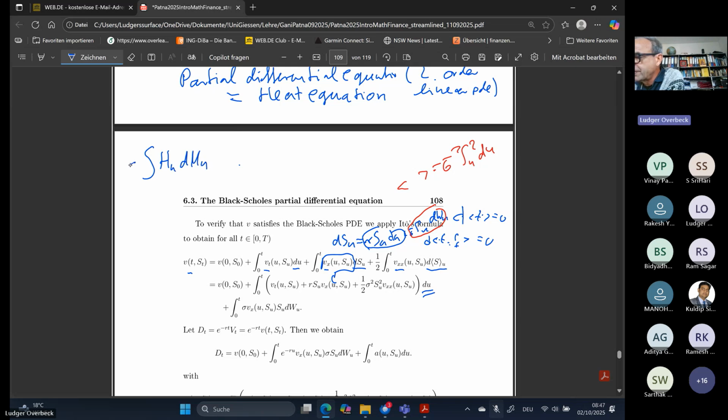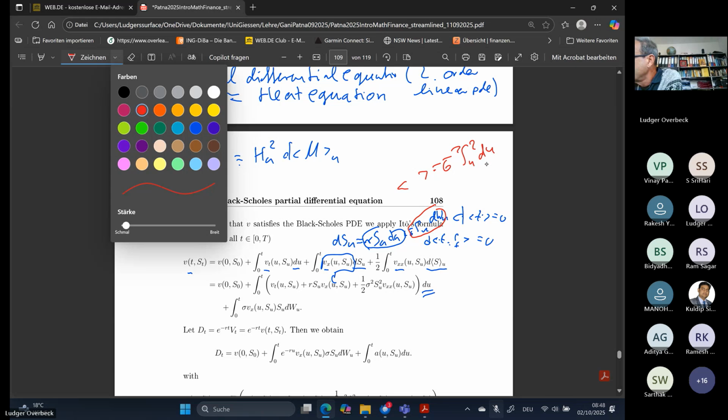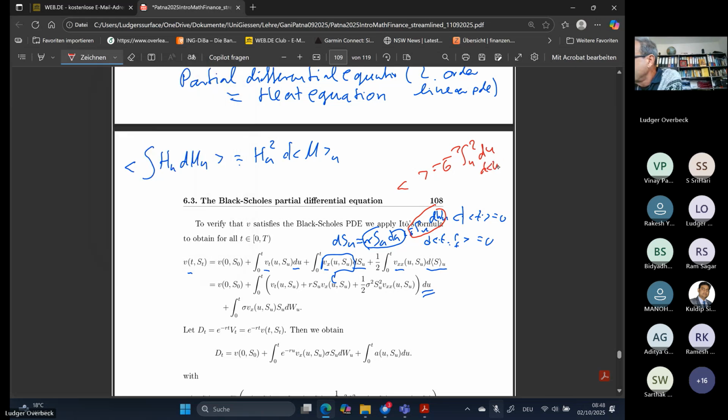The quadratic variation of this one is always H_u squared times the quadratic variation of M_u. This formula we apply to Brownian motion, where the quadratic variation of Brownian motion is u. So you see in this derivation, if you take it properly, you need some understanding of stochastic calculus, at least in the Brownian case.